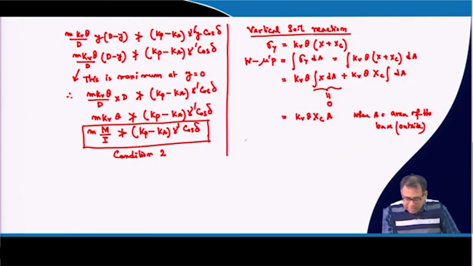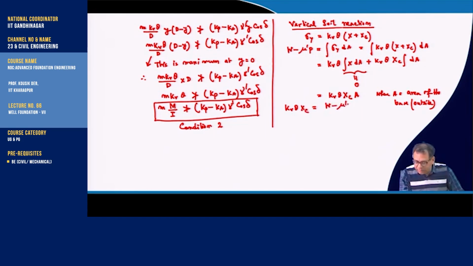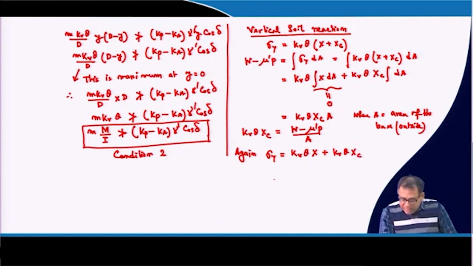So, I can write that K v theta x c will be equal to W minus mu dash p divided by A. Again, I can write sigma y is K v theta x plus K v theta x c, and that sigma y is the vertical stress at the base of the well.